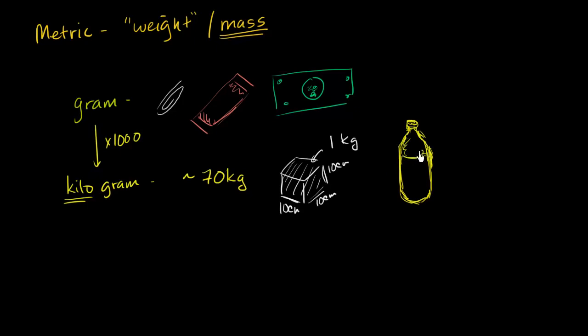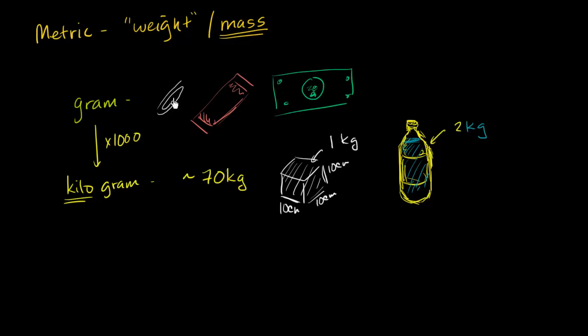But 2 liters of water are going to weigh exactly 2 kilograms, if we're just talking about the water itself, not the container. But if you want to get a rough sense for how much weight that is, that's going to be 2 kilograms.